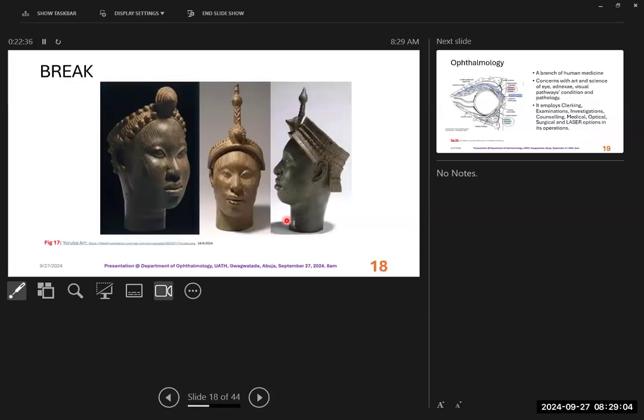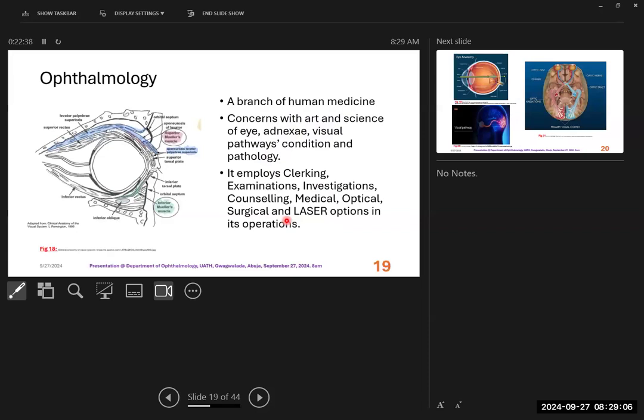Then let's look at ophthalmology. I try to define ophthalmology. Everybody knows it's a branch of medicine. But I try to define that ophthalmology concerns itself with the art and science of the eye, adnexa, visual pathway conditions, and pathology.